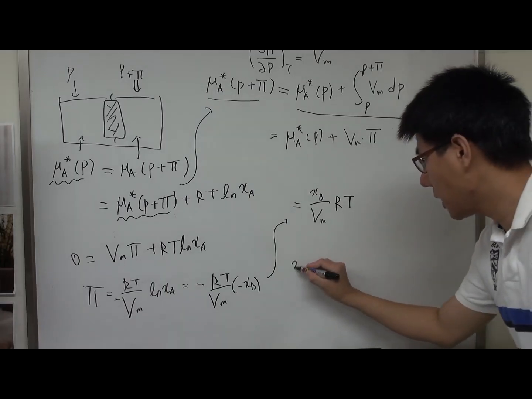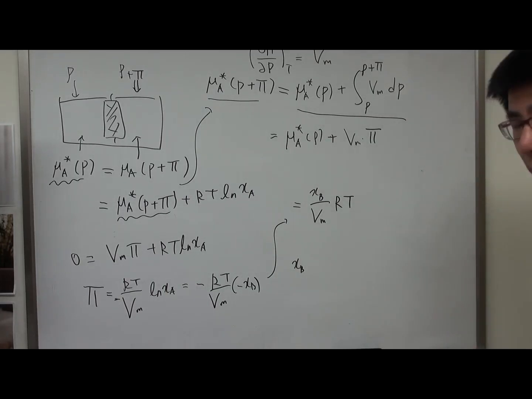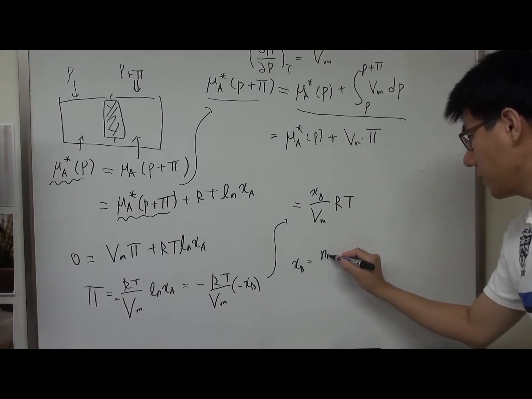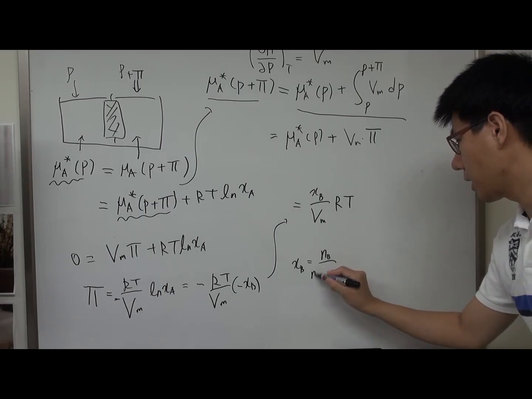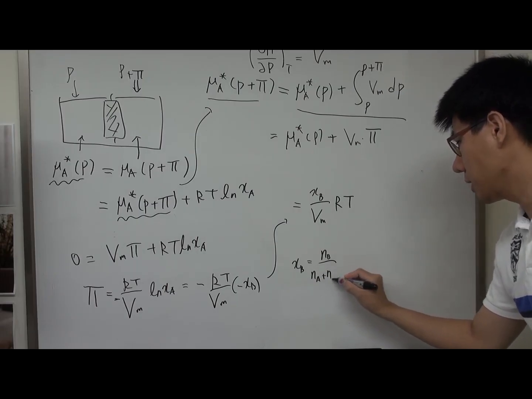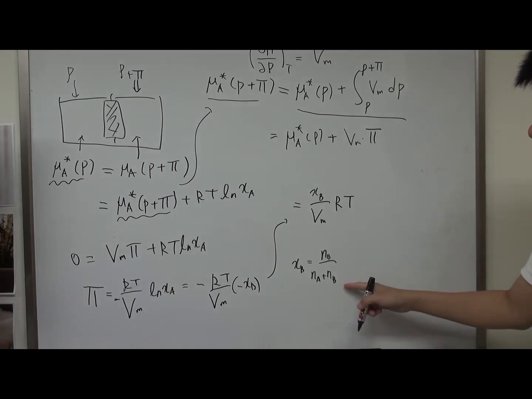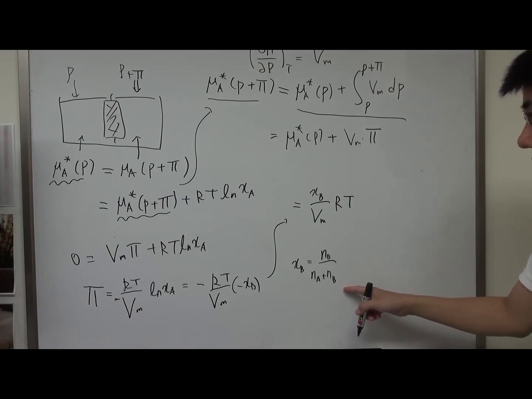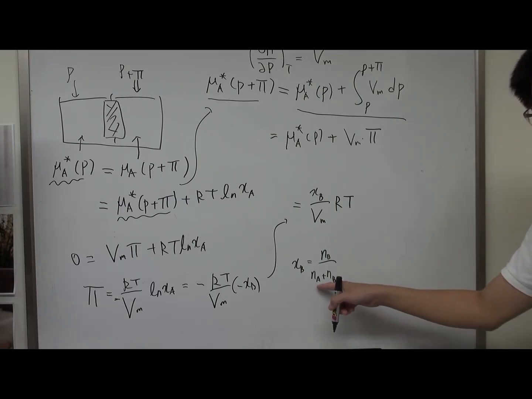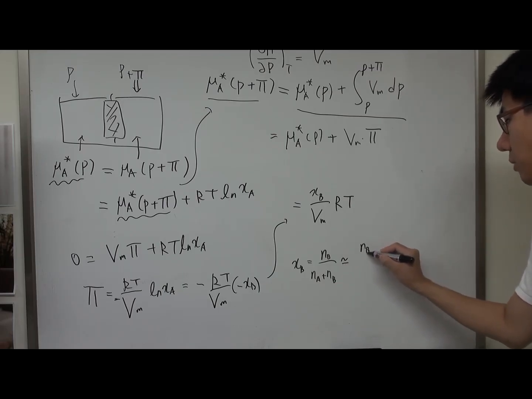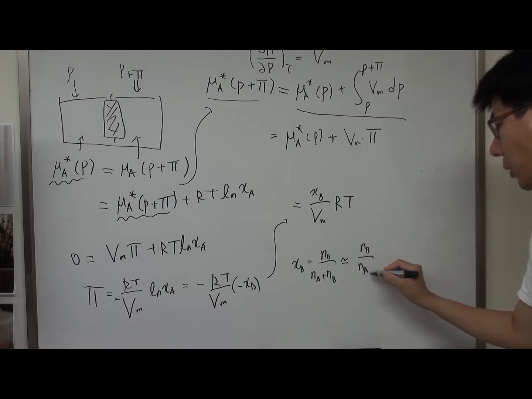And XB, the mole fraction of B, is defined as nB over nA plus nB, right? If we add a small amount of solute, nB will be much smaller than nA, so it's approximately nB over nA.